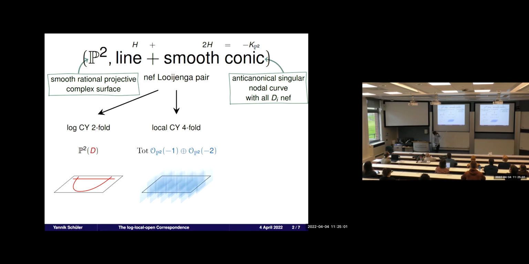This is a little different for the second geometry we associate to this choice, namely a local Calabi-Yau, which we obtain by looking at the class here. Then we invert and take the line bundle.